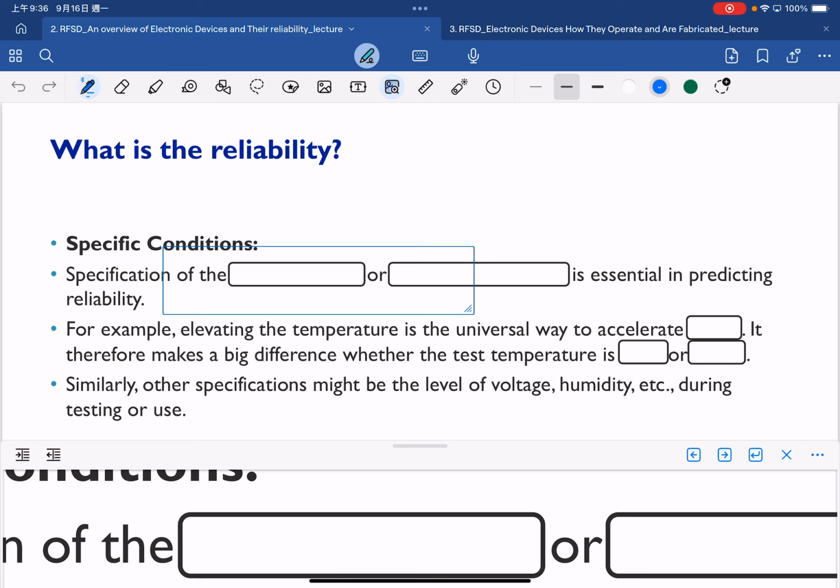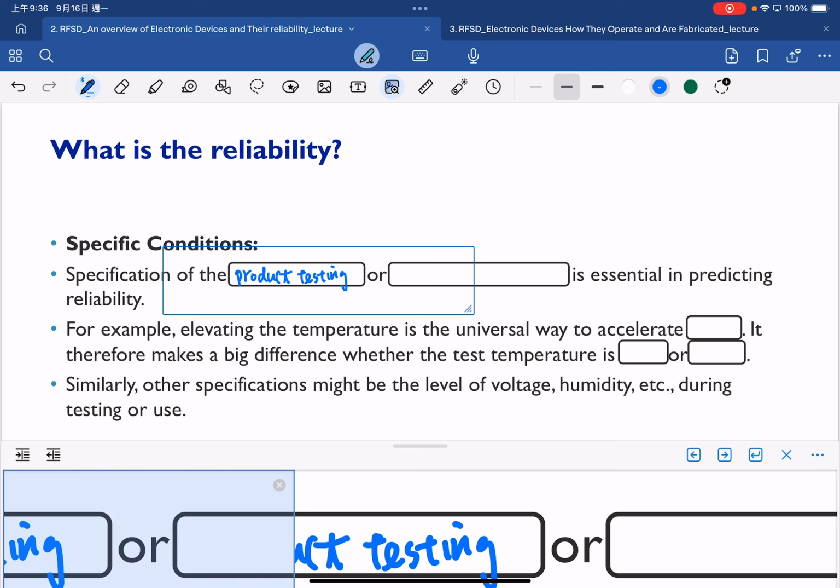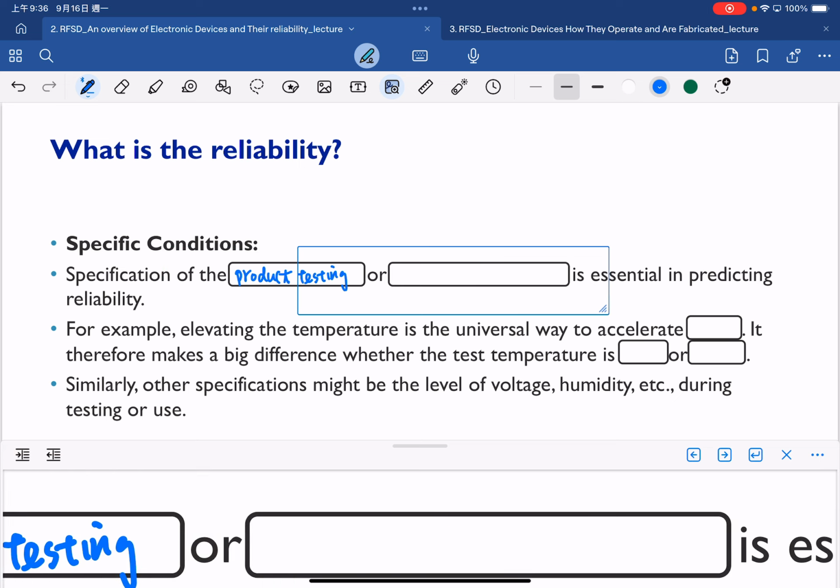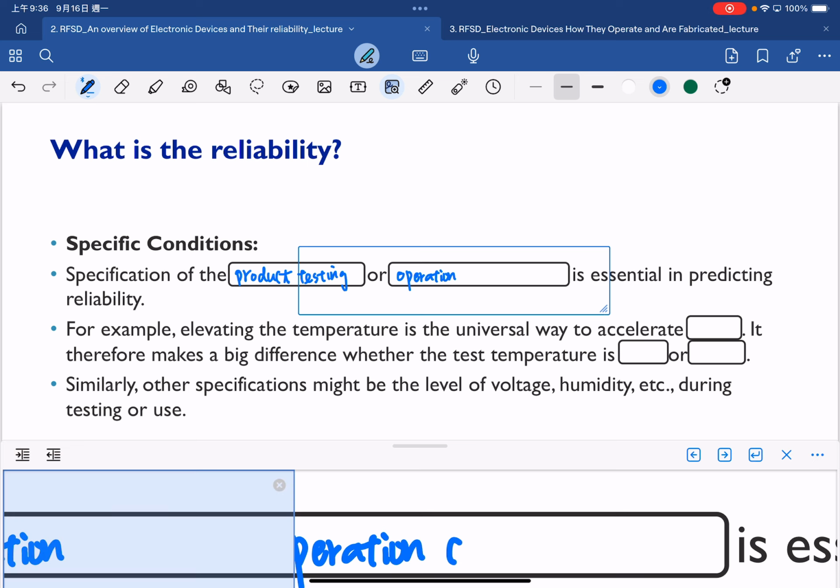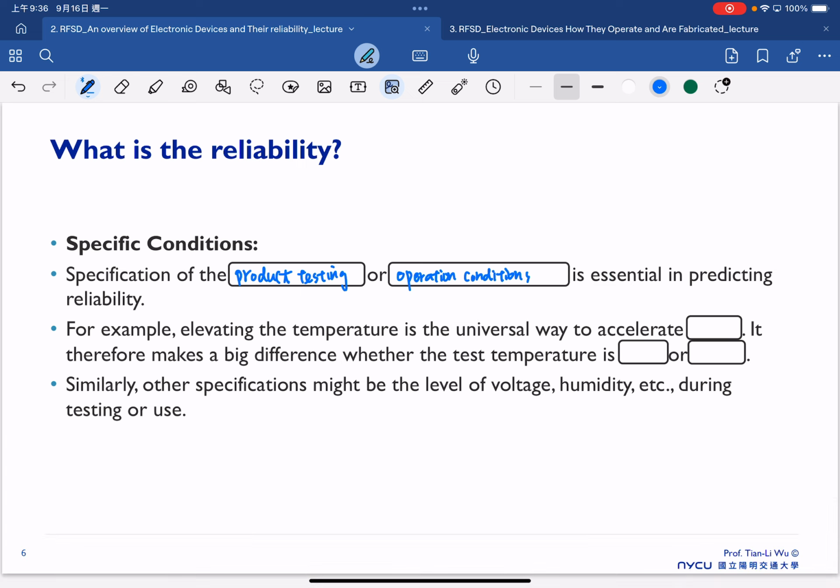Specification of the product testing or operation conditions is essential in predicting reliability.